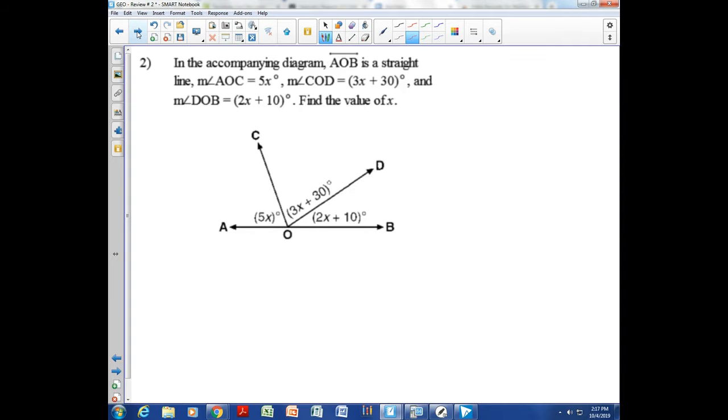Question 2. In the accompanying diagram, line AOB is a straight line. The measure of angle AOC is 5x. The measure of angle COD is 3x plus 30. And the measure of angle DOB is 2x plus 10. Find the value of x.